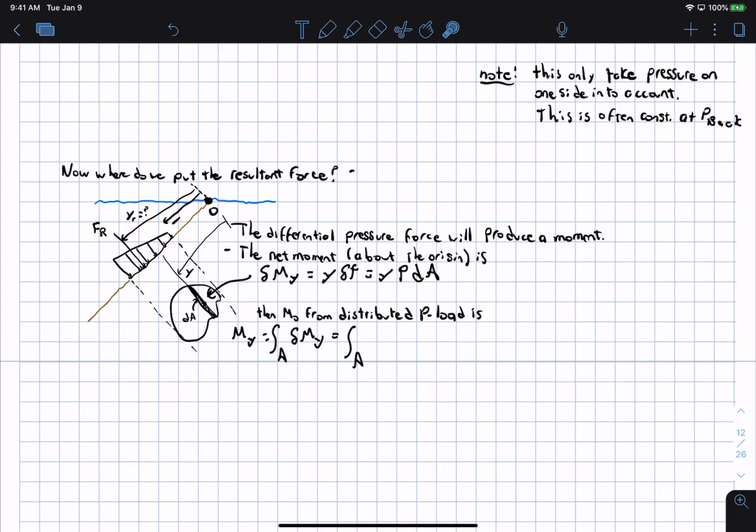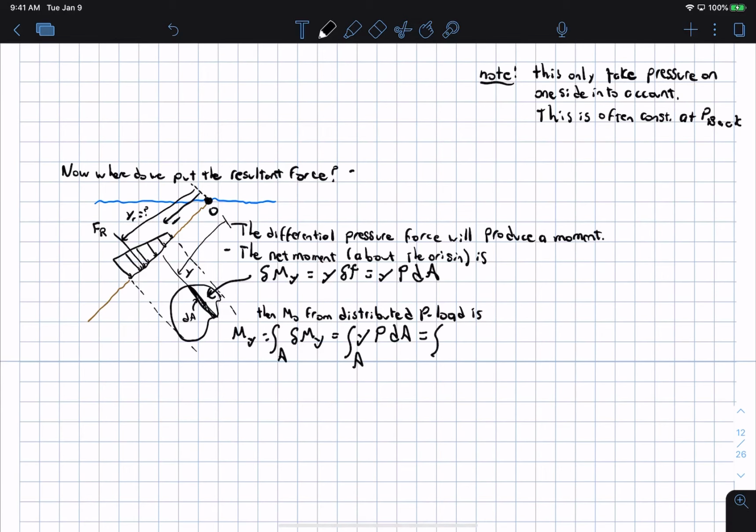And also, defining y in this way actually makes this analysis quite a bit easier, which is why we did that. Okay, so that equals the integral of y times the pressure dA. Well, we can use our expression for the hydrostatic pressure variation.